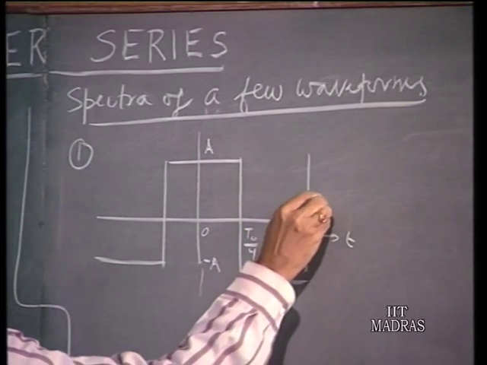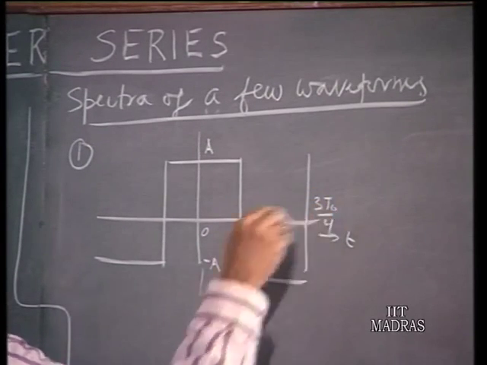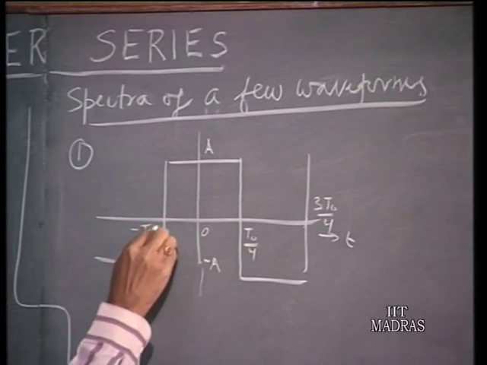This will be 3 T naught upon 4. This is minus T naught upon 4.